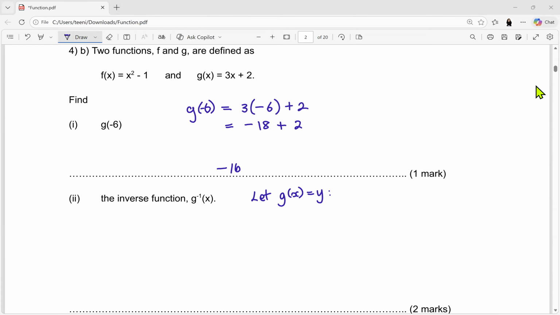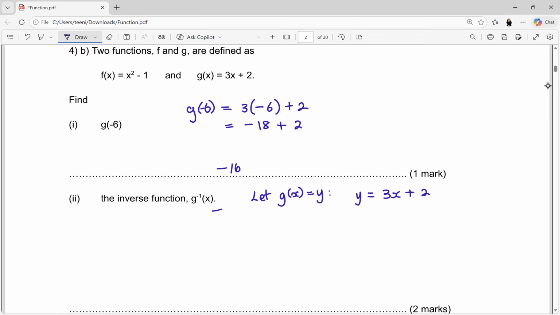Well, let me just give you a kickstart. If you're letting g of x equal y, instead of writing g of x, you're just going to write y. So this would be y is equal to 3x plus 2, right? Yes.